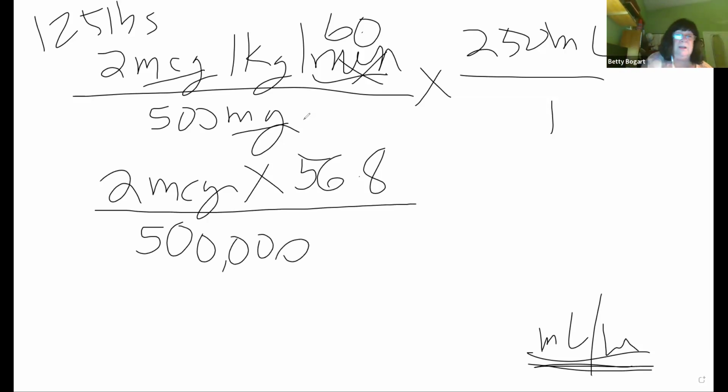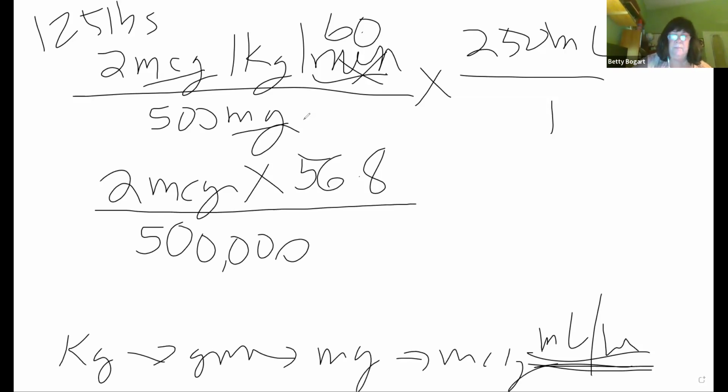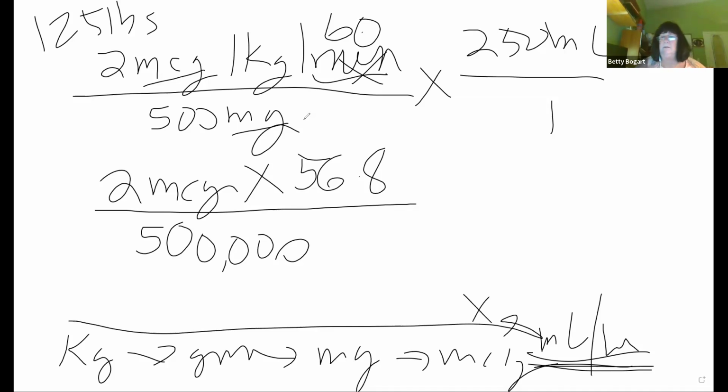When I was learning this, I would always write this down like this before I took an exam. So if I'm going to the right, I know I'm going to multiply. And if I'm going the other way, I'm going to divide. That's something that I would always write, so it's a visual, so I will see it. Make sense?